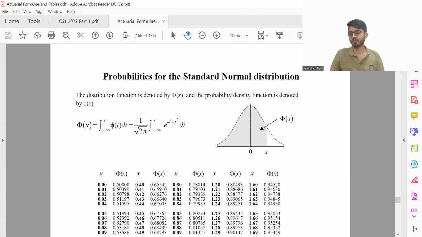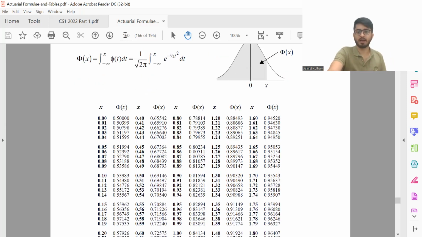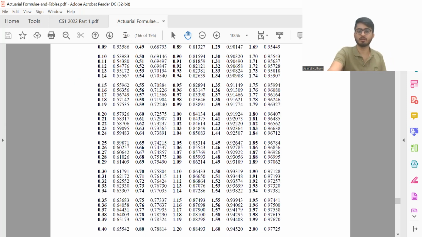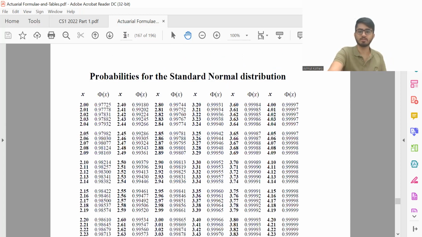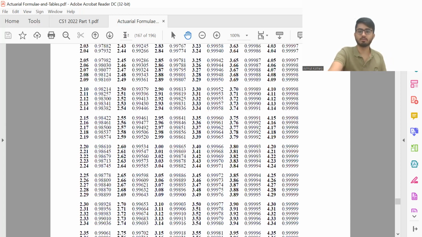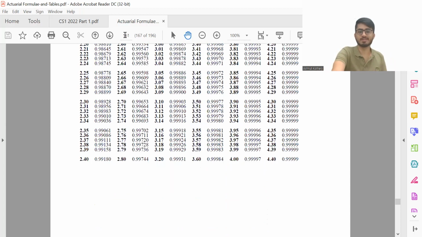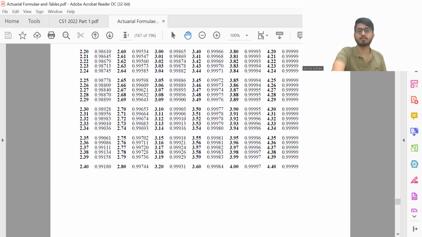You will see all these values are in increments of 0.01. Starting from 1, we have on this page till 2. If you go to the next page, we have values still around 4.4. And if we take a look at the value at 3, it is 0.99865. What is this? This is the probability that Z takes a value less than 3, around 99.865%.